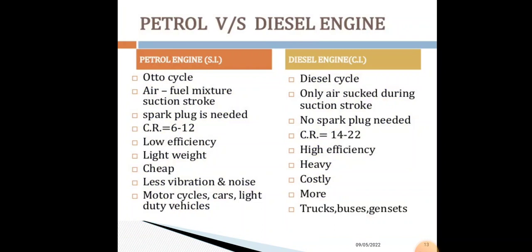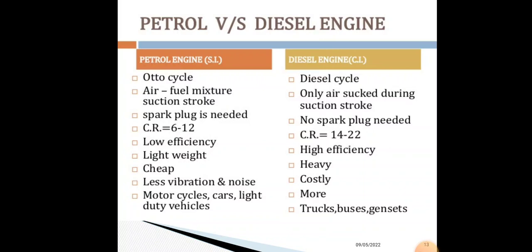Then the difference between the petrol engine and diesel engine. The petrol engine works on the Otto cycle principle, and the diesel engine works on the diesel cycle principle. In the petrol engine, an air fuel mixture is sucked during the suction stroke. Here, only air is sucked during the suction stroke.